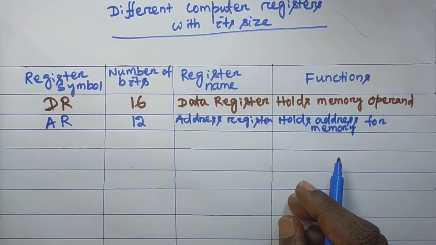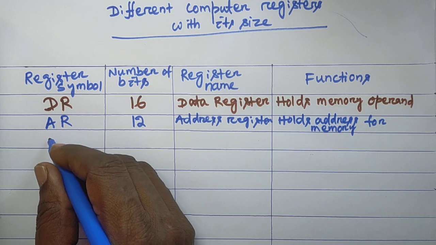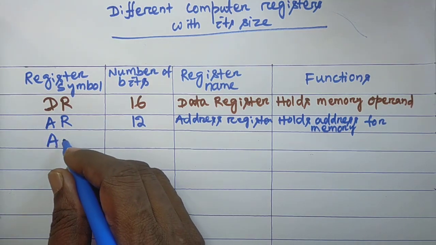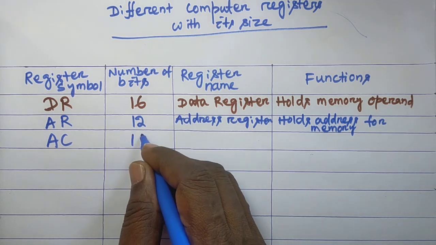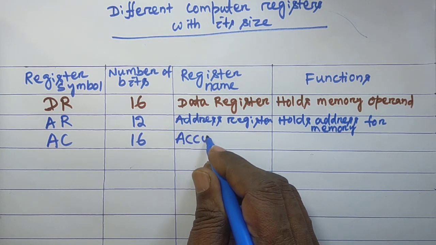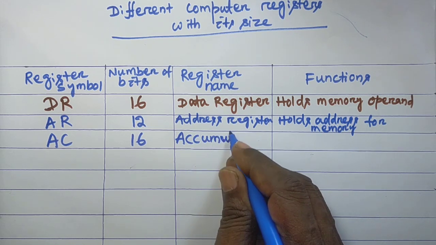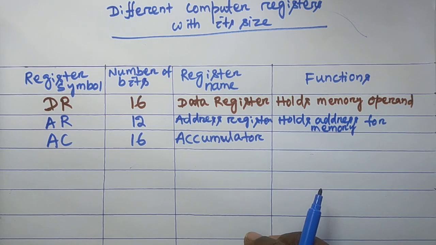Okay, it holds the address for memory. Similarly, if we go through SC, which is very important, it contains 16 bits, and the name is accumulator. Actually, it is a processor register.